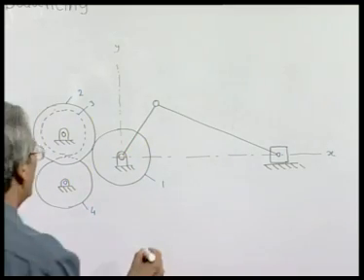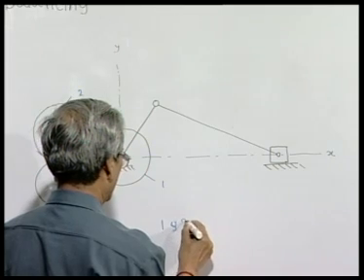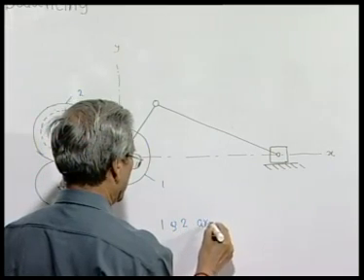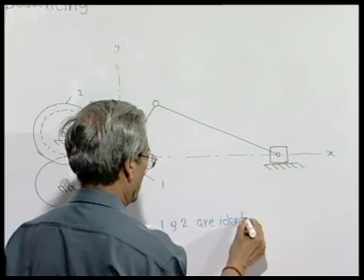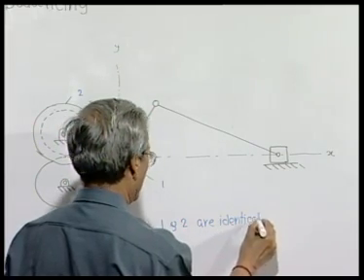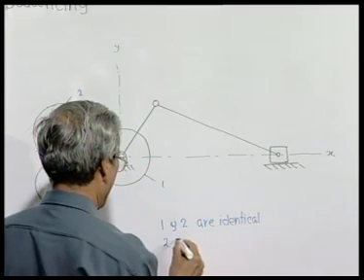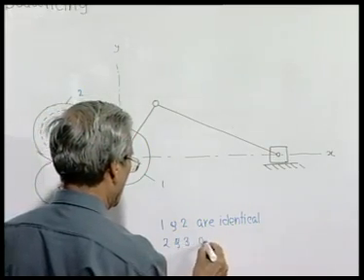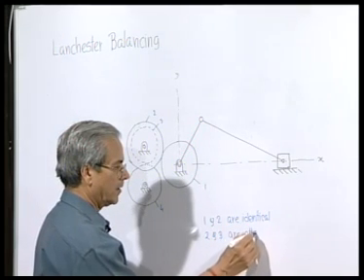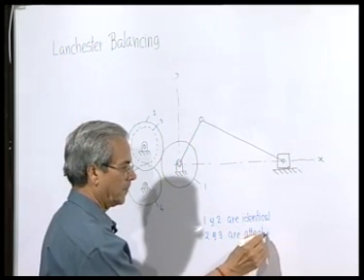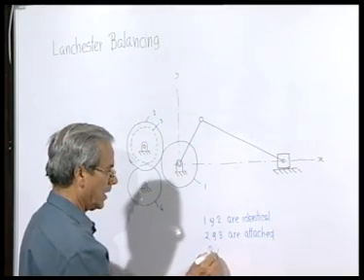Here 1 and 2 are identical. Then 2 and 3 are attached. Three and 4 are identical.